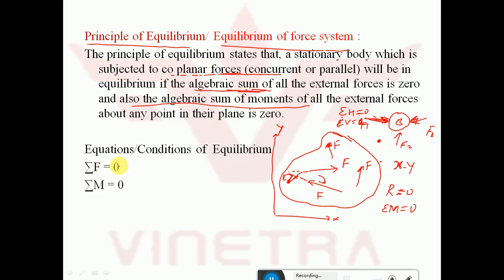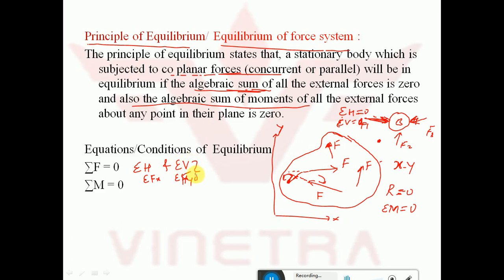So let us see the equations or conditions for equilibrium. The algebraic sum of forces is equal to 0. The algebraic sum of forces is nothing but the algebraic sum of horizontal forces and the algebraic sum of vertical forces, or in other words, the algebraic sum of forces in x direction and in y direction should be equal to 0.